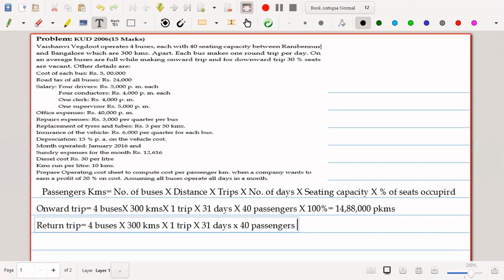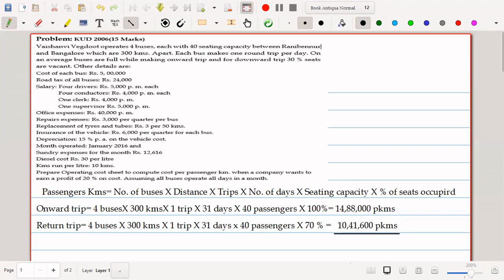It's given in the problem that for the downward trip 30% seats are vacant, that is, 70% was full. So when we multiply all this together, it comes to 10 lakh 41,600 passenger kilometers.